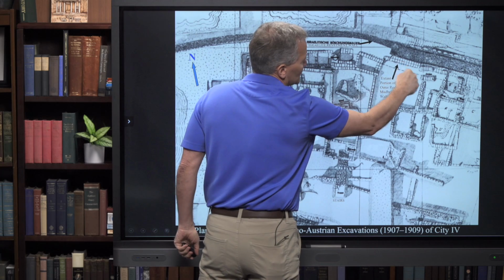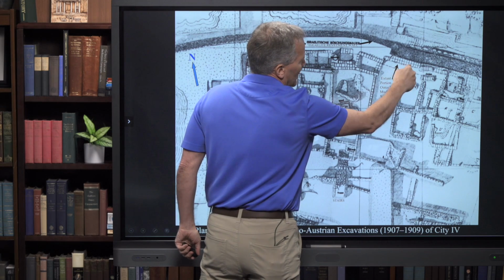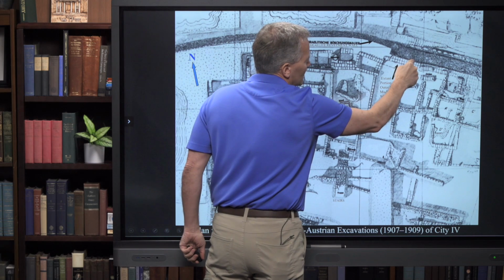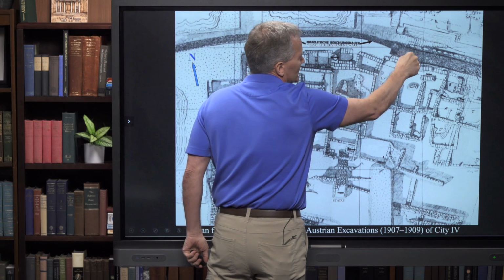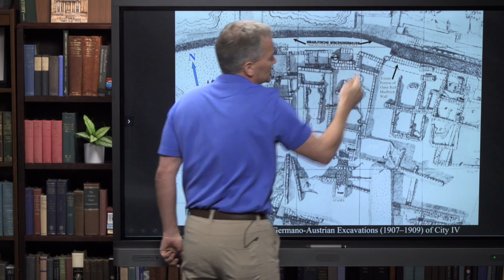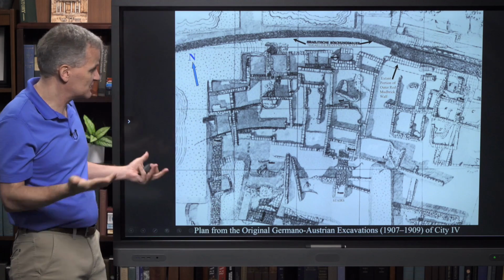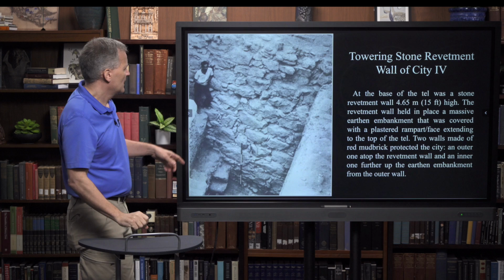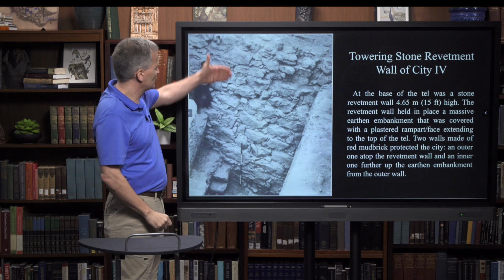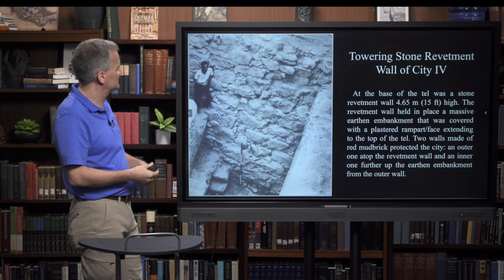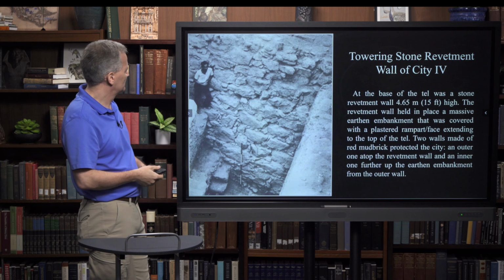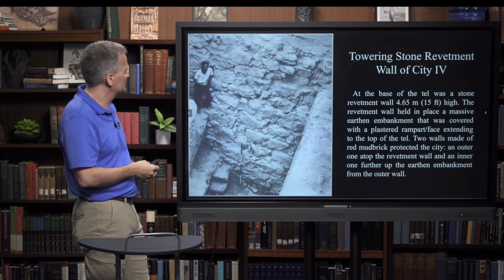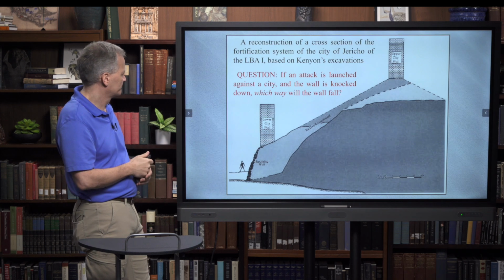So her house could have been, for example, this house and the window in here, and she lets them out and they climb down, and they scale down the revetment wall, and then they flee and leave the city. So that works. That fits the biblical requirement perfectly. Then here is part of this towering stone revetment wall that again is connected to that mud brick wall. So this is all part of that original Middle Bronze Age revetment wall.